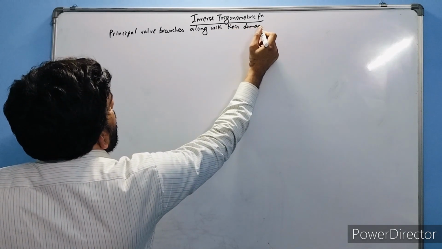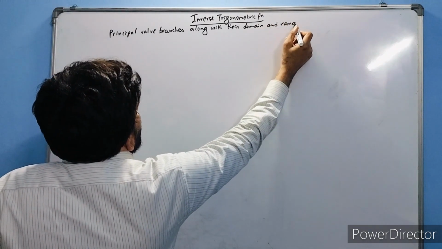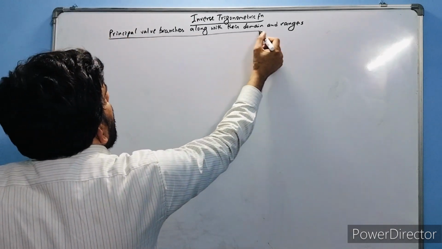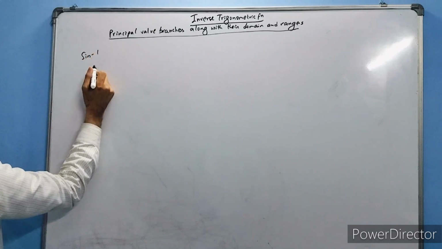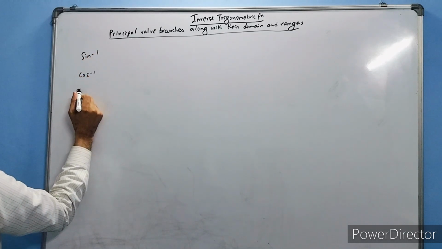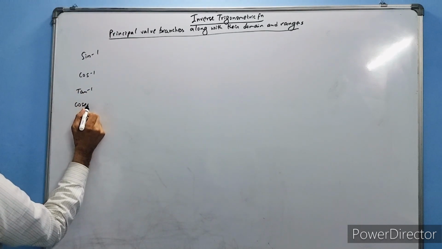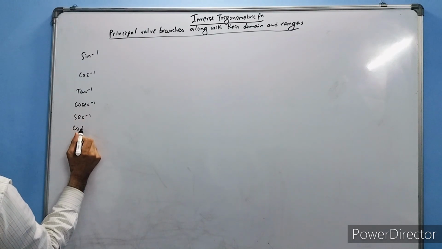So this table must be known to everyone. We have sine inverse, cos inverse, tan inverse, then we have cosec inverse, sec inverse, cot inverse.